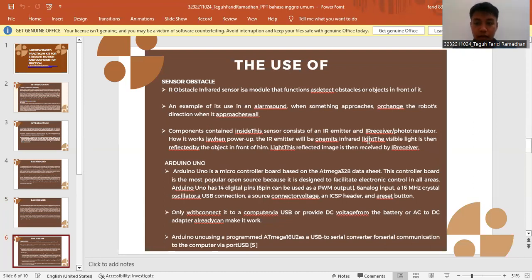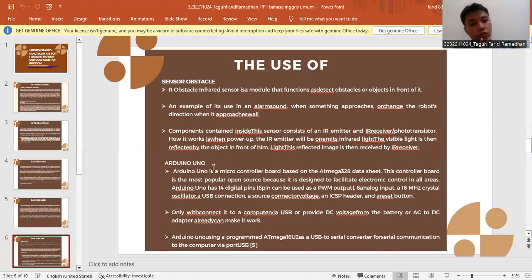The infrared light is then reflected by the object in front of it. This reflected light is then received by the IR receiver.